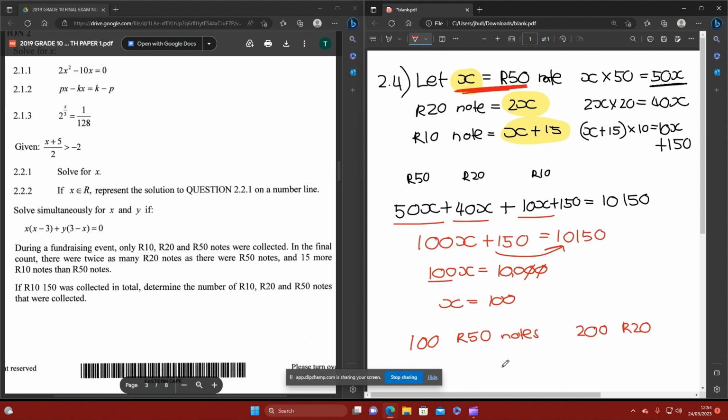And that means we've got 100 add 15, so 115 10 Rand notes. So we can see then that is exactly what they asked for. We want the number of these notes that were collected. So we can see I've got 100 50s, I've got 200 20s, and then I've got 115 10 Rands.